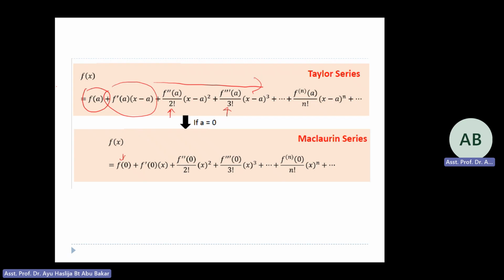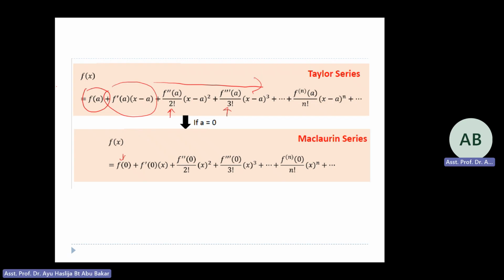So that's the error. Do you get what I mean? For e^x, the first term equals 1. This is the value, whereas your true value from the calculator is this one. So there's error over there.